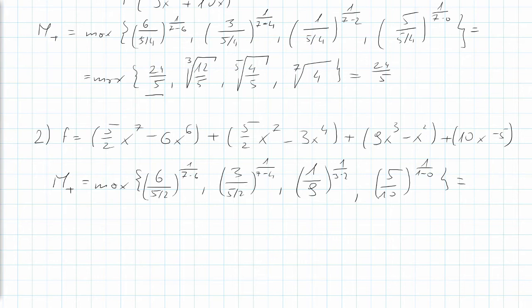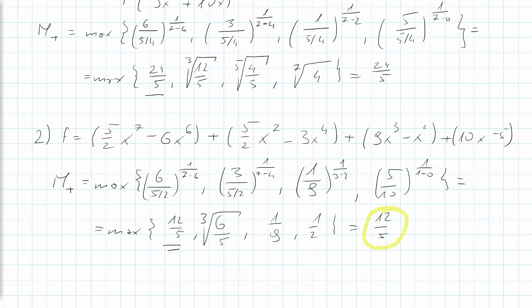So this is the maximum of the following numbers. So it's 12 over 5. Here we have 6 over 5, and this is a cube root. Now we have 1 over 9, and 1 half. Again, the first term is the greatest one, but it is half of the previous term. So now we got a much better upper bound for the roots of the polynomial.